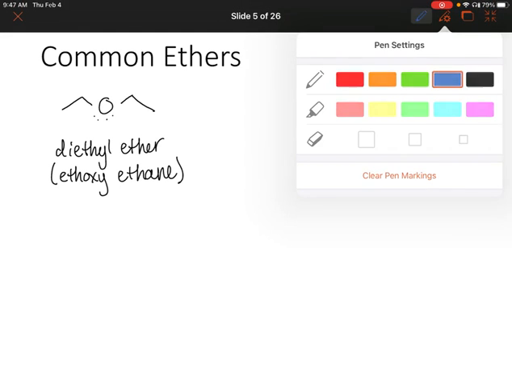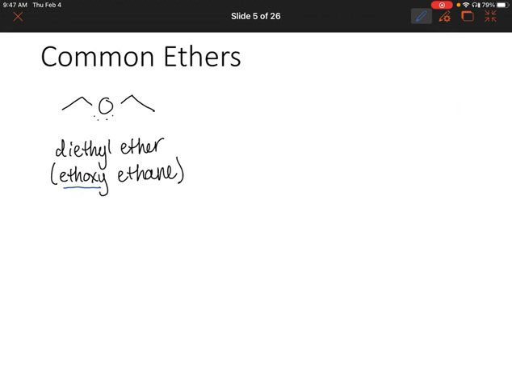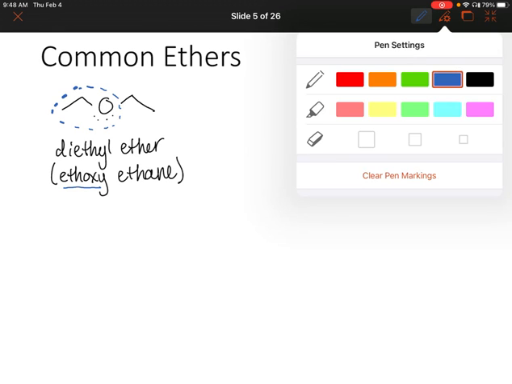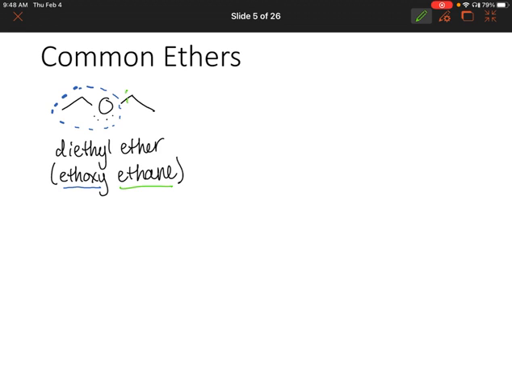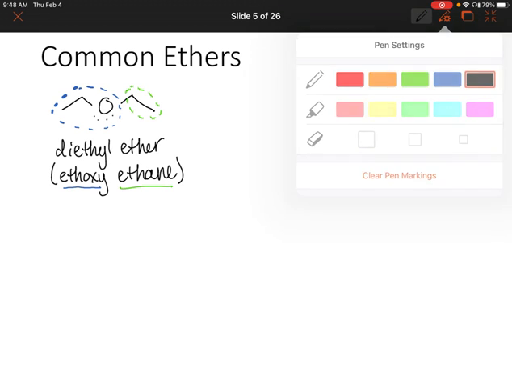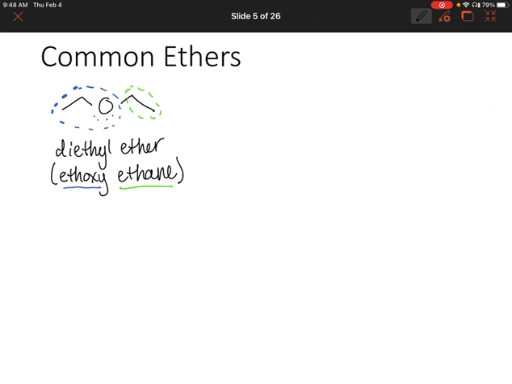So the ethoxy comes from the alkoxide group that could form. And then ethane refers to the 2-carbon chain on the other side. So just a different way of naming the same molecule because we just have to make it super confusing for everyone. All right, so diethyl ether, again, is a really good solvent.